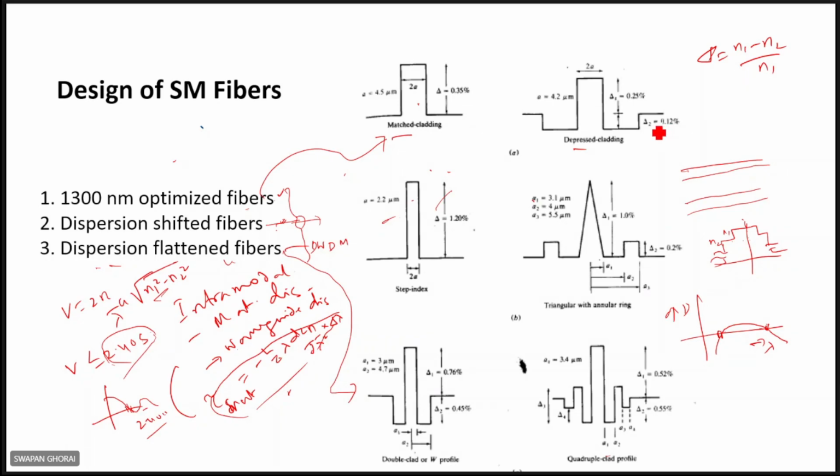So in the case of depressed cladding, the cladding portion next to the core has a lower refractive index, compared to the outer cladding. So that is the depressed cladding.